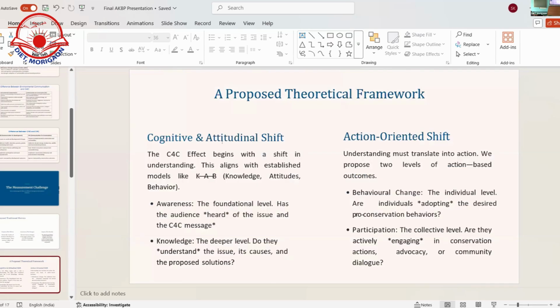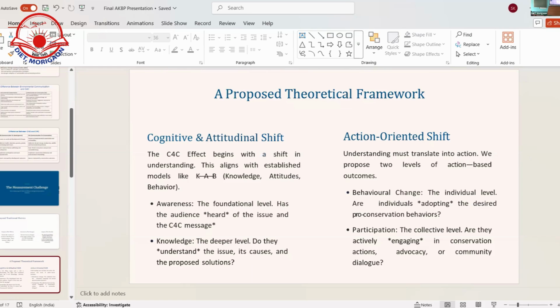So what is the process? It is a proposed theoretical framework here. I can put it forward in front of you. It is the AKBP model that we have tried to formulate. The first part is cognitive and attitudinal shift. The C4C effect begins with a shift in understanding.